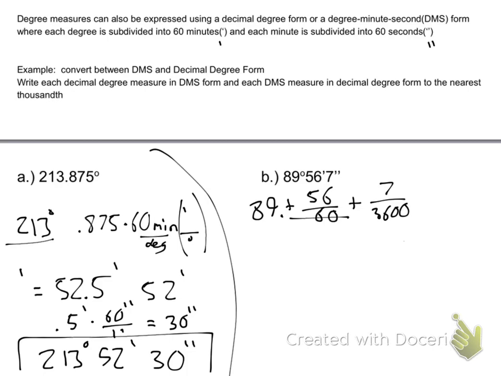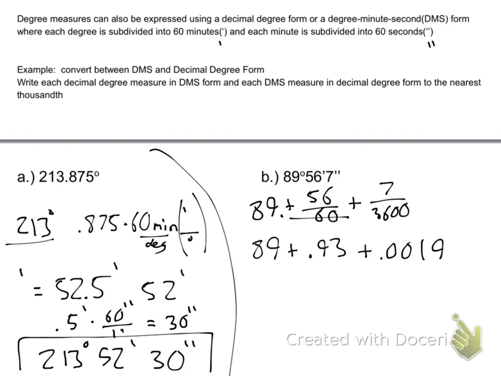What is 56 divided by 60? 0.93. Plus 7 divided by 3,600. 0.0019.